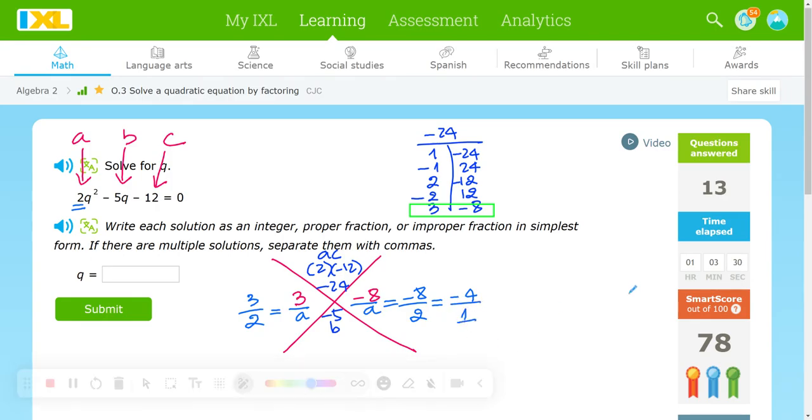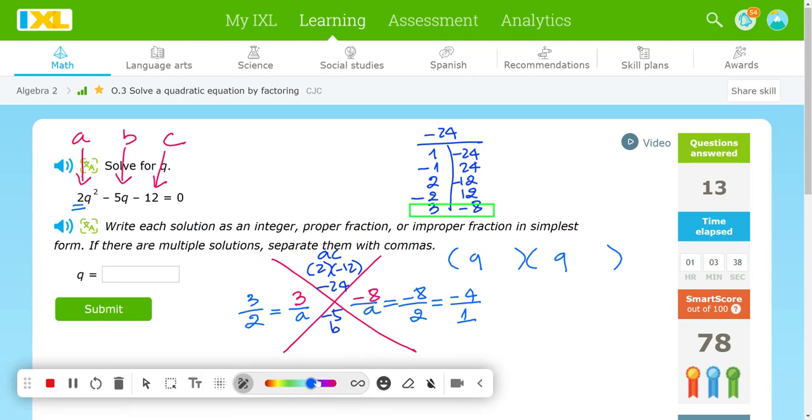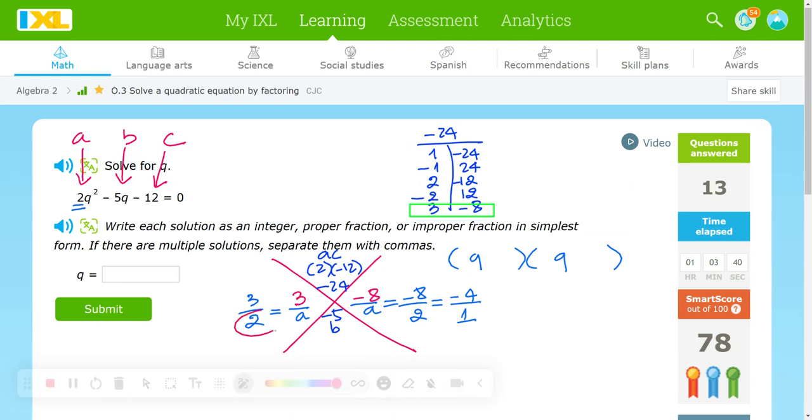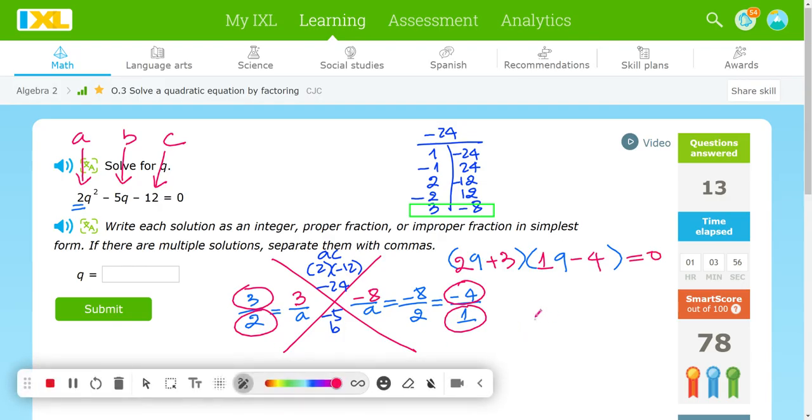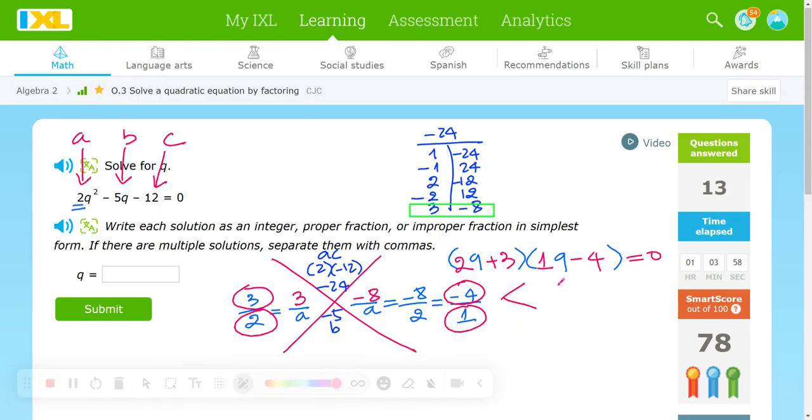Okay. Now you can write your factors. Here's your factor. Okay, this is Q's, alright? So I put Q here, Q here. Okay, let's do this. 2 on the bottom should go in front of Q, and then 3 goes to the back. Okay, 1 goes in front of Q, and then negative 4 goes to the back. Okay, so these two factors multiply equals 0, so each factor had to be equal 0.